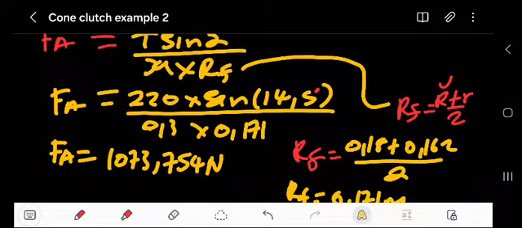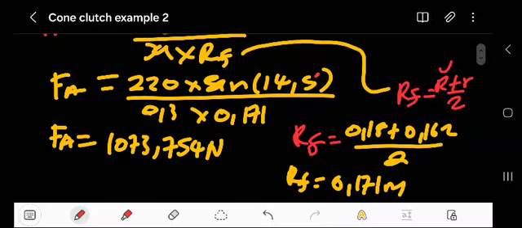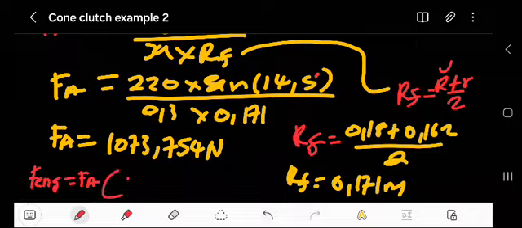So I have this now. Since I have this, we know that F engage, now we are safe, will be F axial multiplied into 1 plus coefficient of friction times tan.